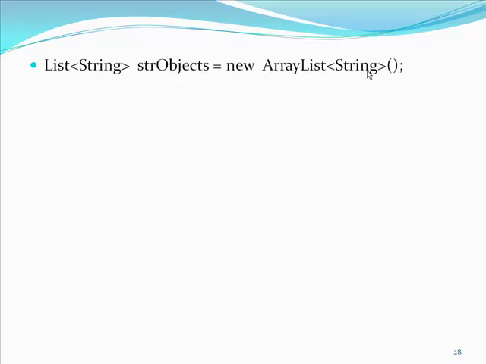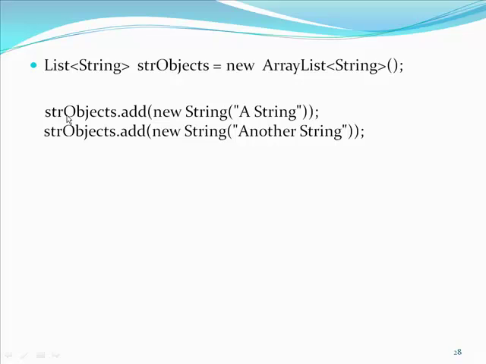The declaration says that the list strObjects in this case can hold objects only of type java.lang.String. No other type is permitted other than java.lang.String. So, the following statements are legal as they are adding objects of type java.lang.String.